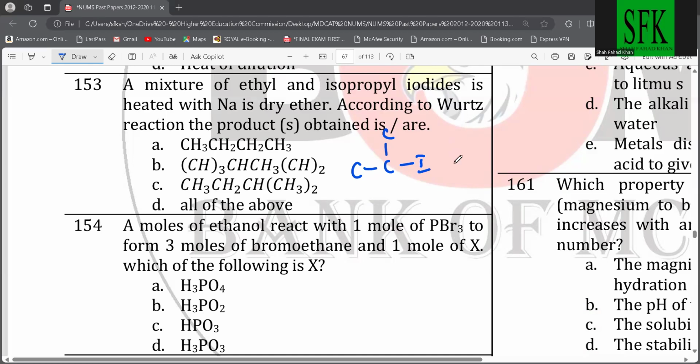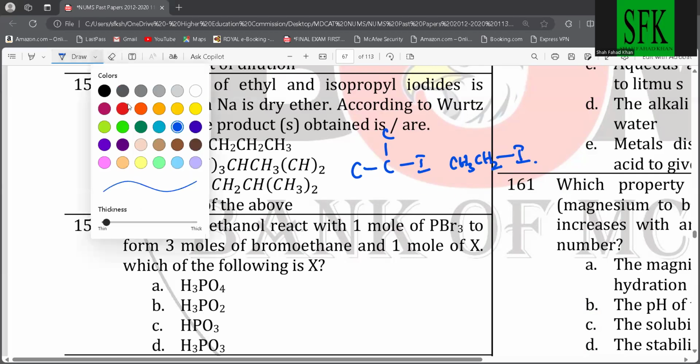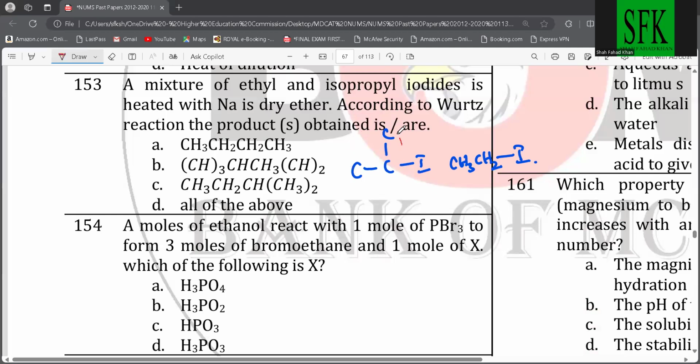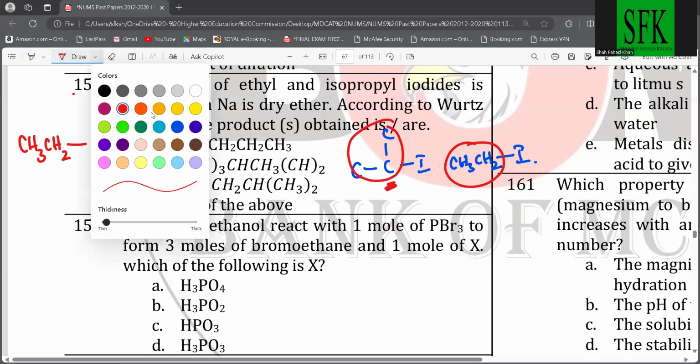And when you have ethyl iodide, in this case it is just the alkyl groups that are going to attach to one another, this part and this part. So when they attach, you get your answer, CH3, CH2, etc. And then this is going to attach to this carbon, the central carbon.